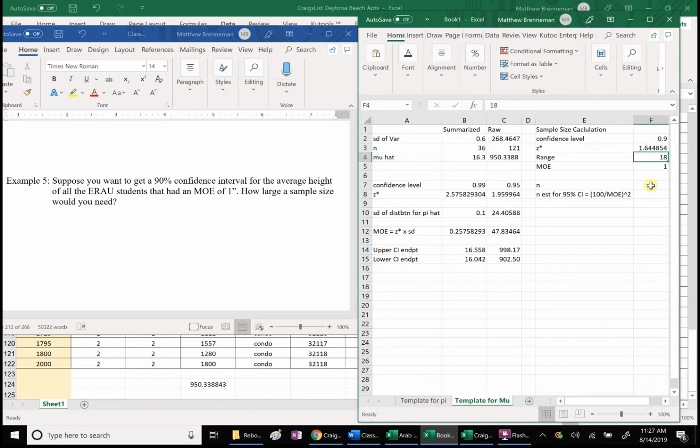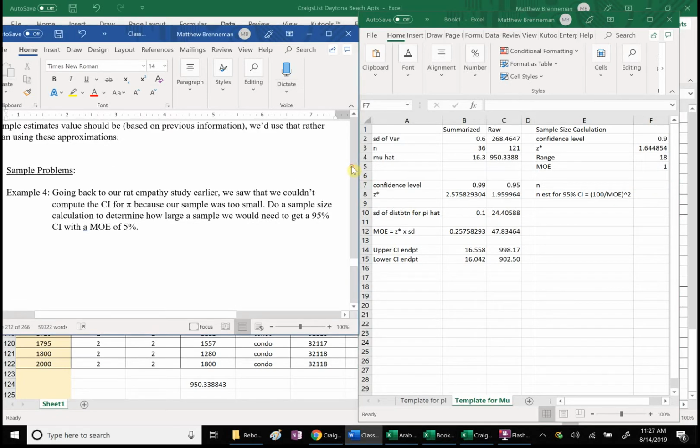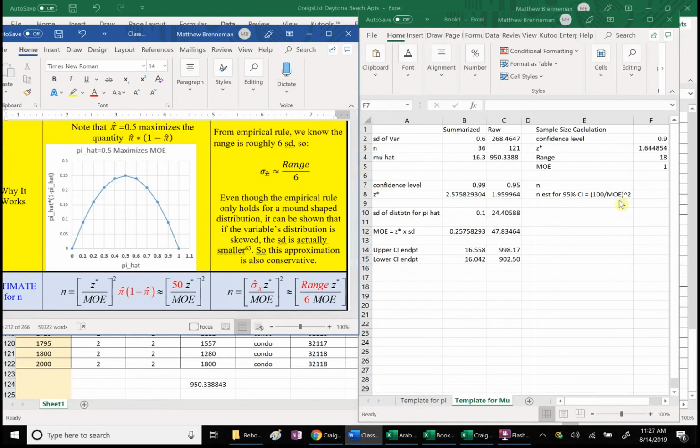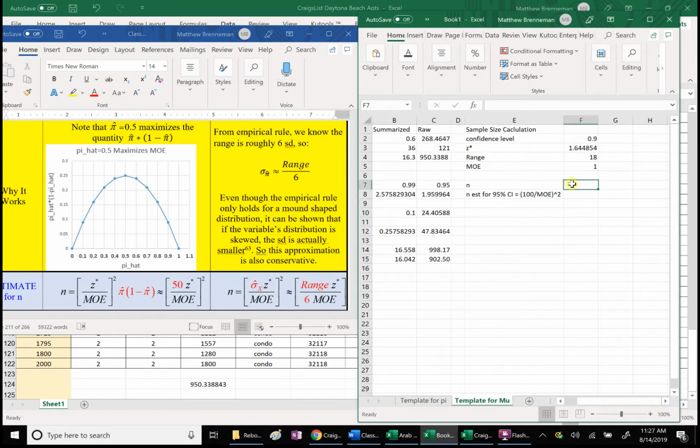So how do I get the sample size? Let's look at the formula. The formula says it is equal to the range, which is 18, times my z-score, divided by, and I have to be careful, there are actually 2 things in the denominator, so I have to put parentheses around these.